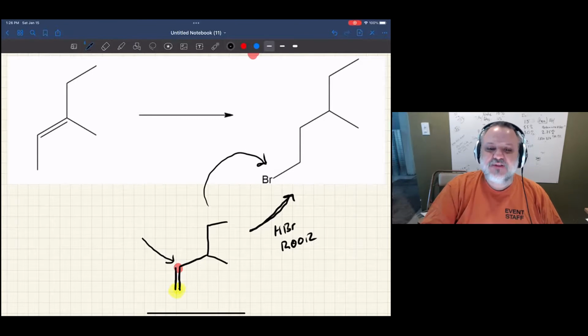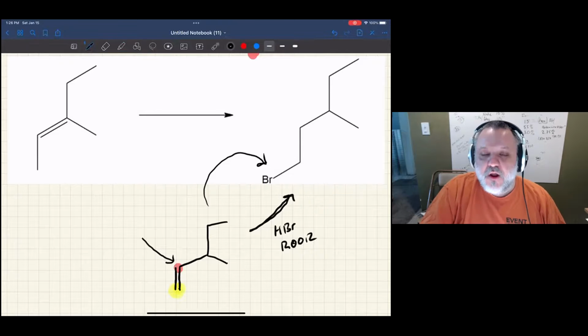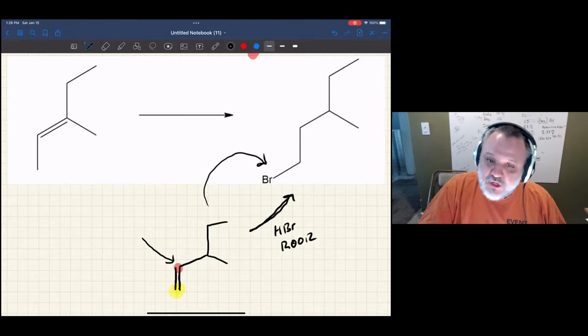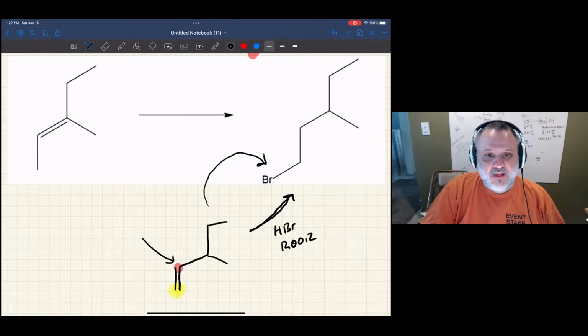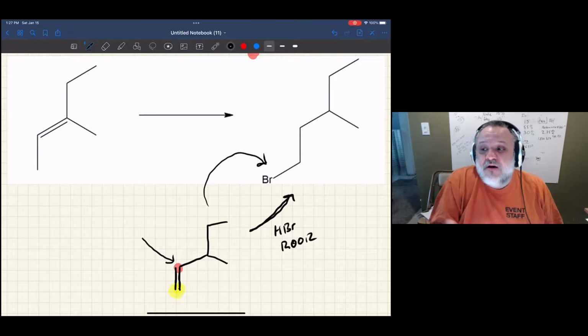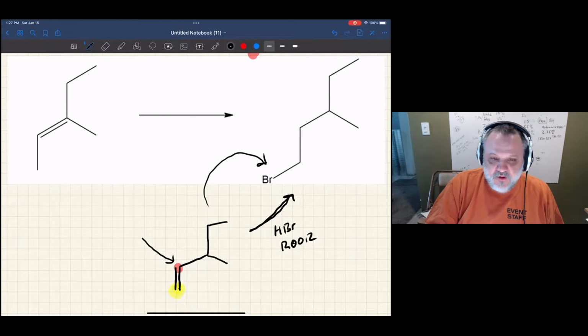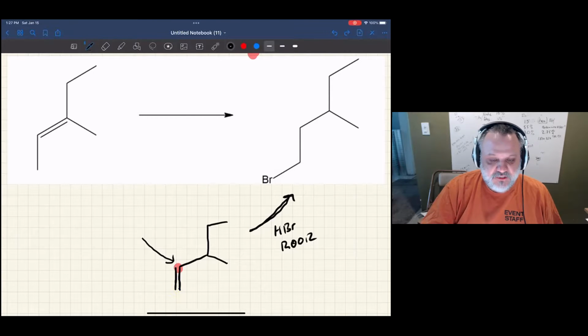Considerations that lead you in a circle are usually not the way to go. So when I'm looking at the red location or the yellow location, I'm going to think about the red location, because I just came from a structure that had a leaving group at the yellow location. I don't want to go around in circles. So let's think about that red location.